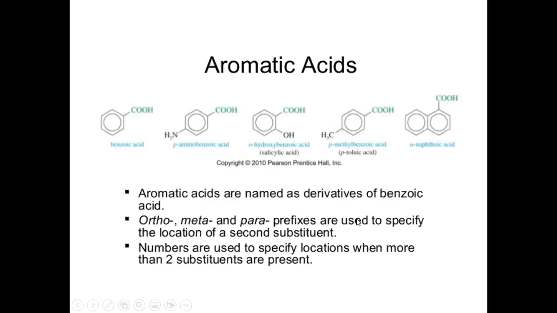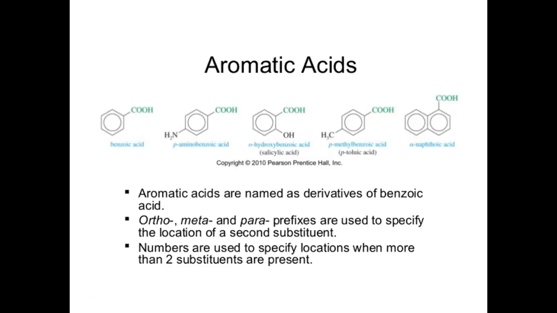Okay. So there are also aromatic acids, for example, like benzoic acid, aminobenzoic acid, or we call it ortho-hydroxybenzoic acid, right? Or p-methylbenzoic acid and alpha-naphthoic acid.